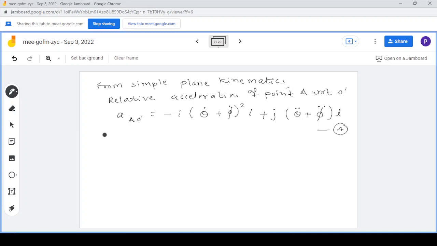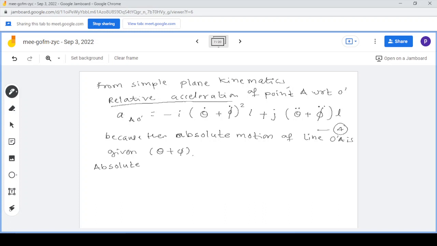and here, because the absolute motion of line O dash A is given by theta plus phi, this is the expression for relative acceleration.